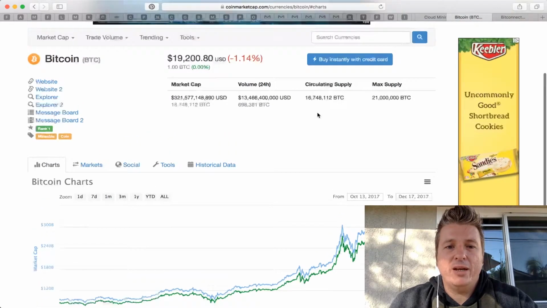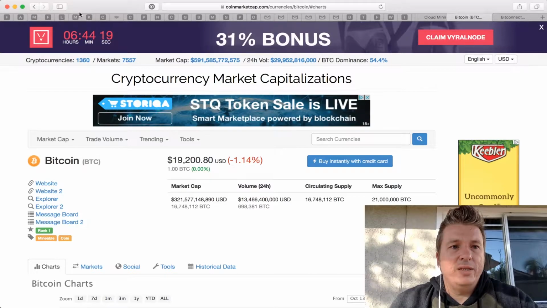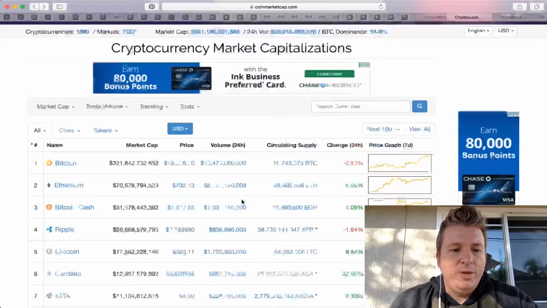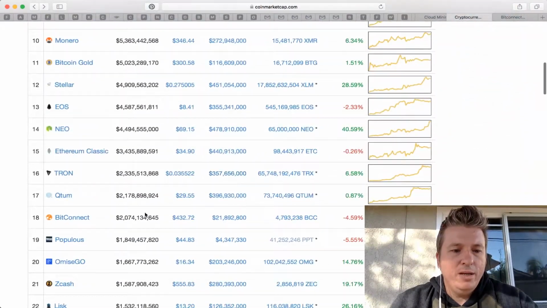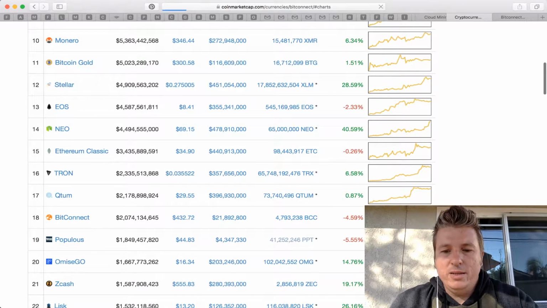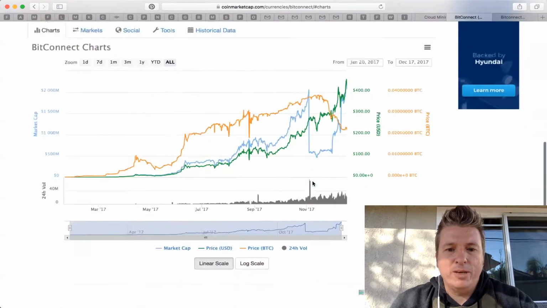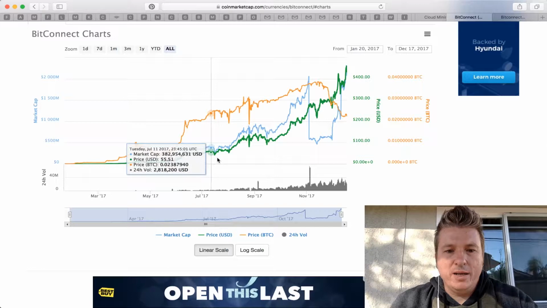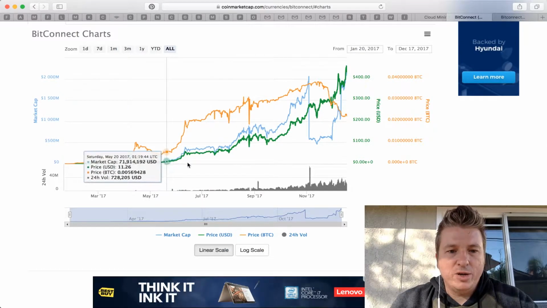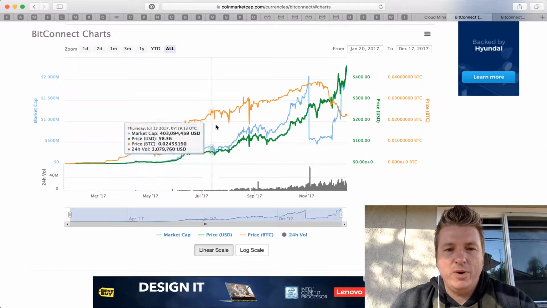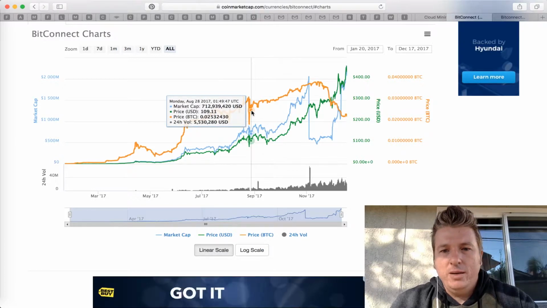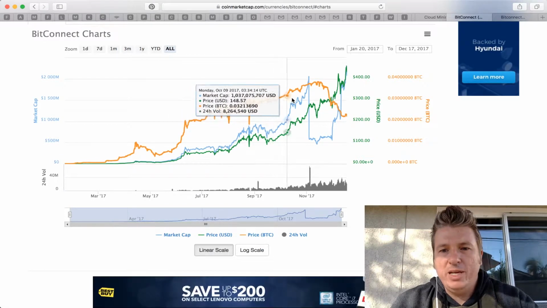And BitConnect coin is another. Let's see if I can go back. BitConnect coin, it also just continues to climb. Look at this. It's constantly up. Let's see. Price is in green. That's BTC.